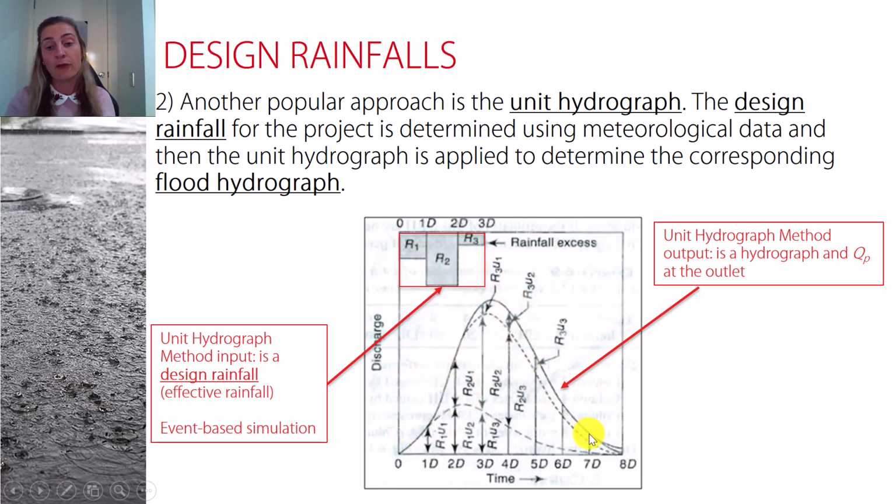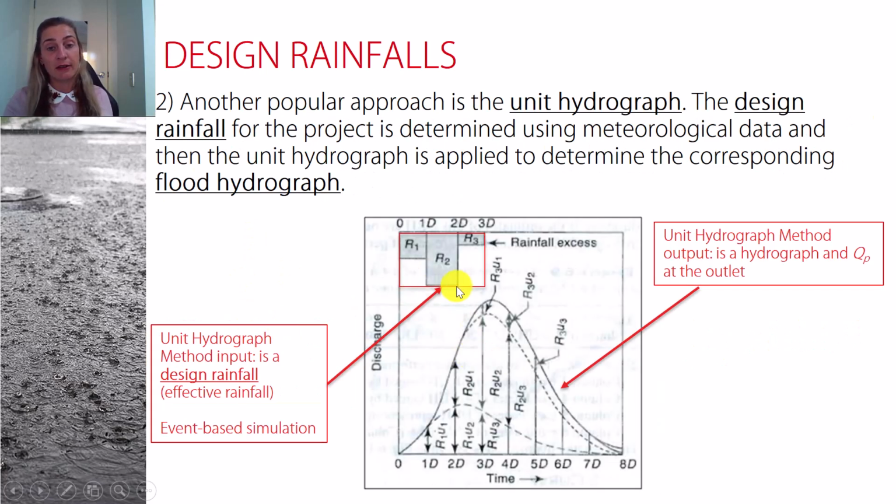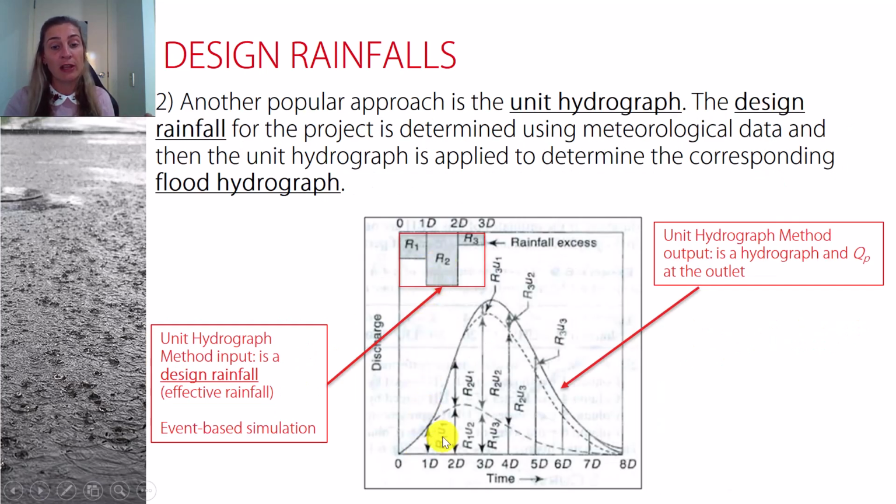From that hydrograph, we can derive the volume, the peak discharge, and the discharge over time. Both the rational formula and the unit hydrograph method are event-based simulation. What does that mean? It means that we use one single rainfall event as input and we have one single hydrograph as output.